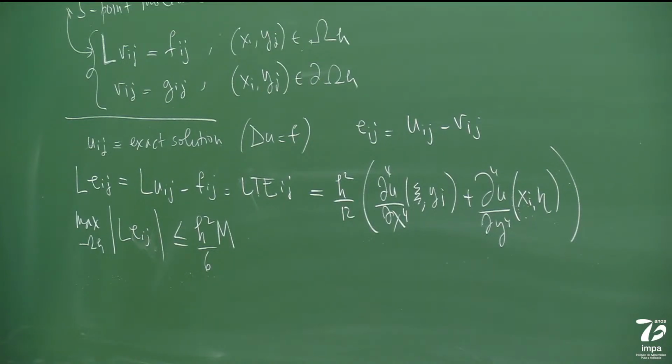We're going to use this bound for the error, and let's see how we put this together to show the order of the method, which is, as expected, h squared globally. This would be the local one. It's a good exercise in numerical analysis.